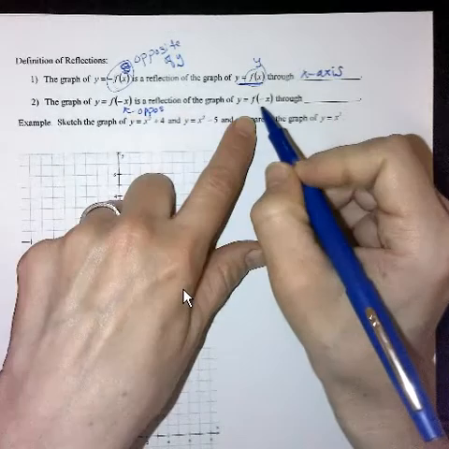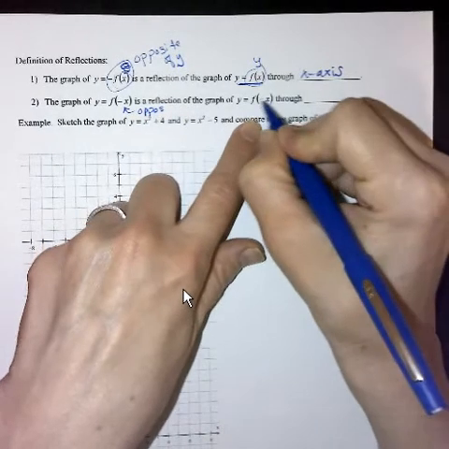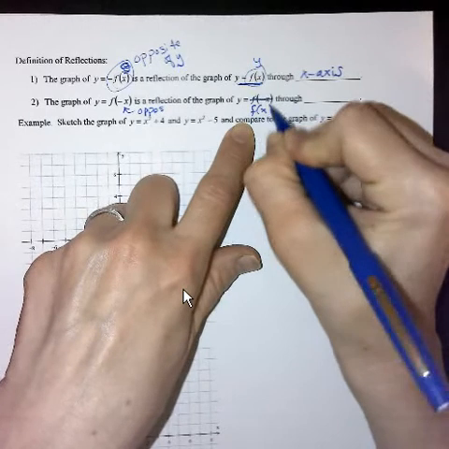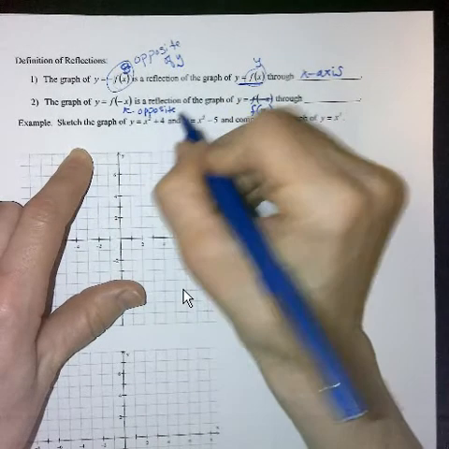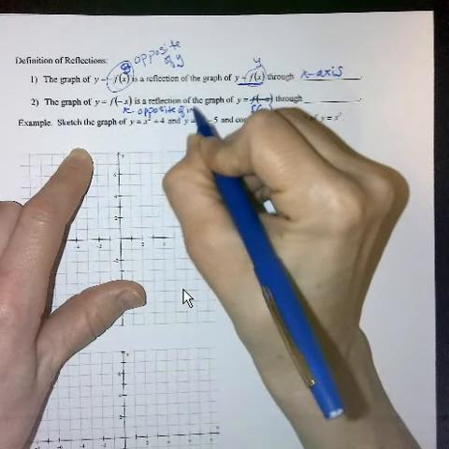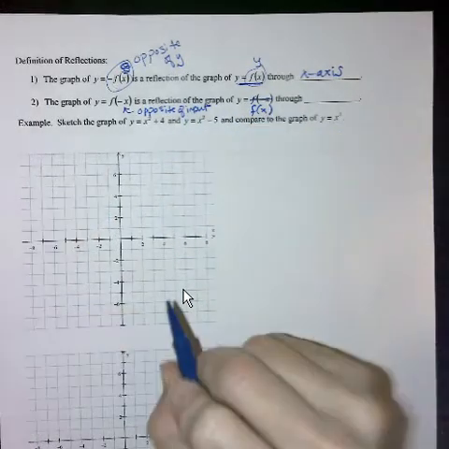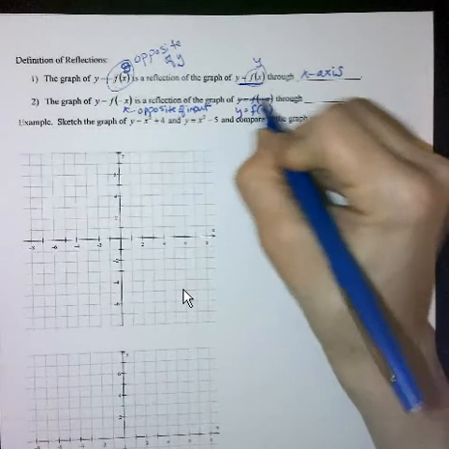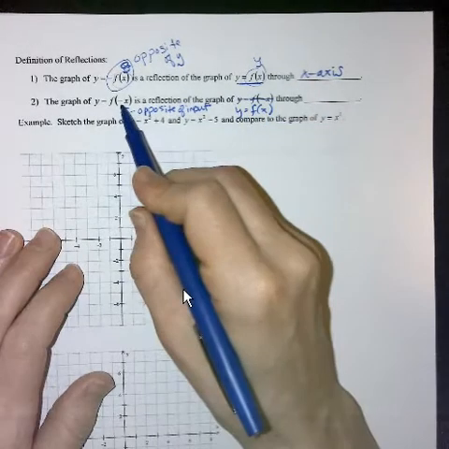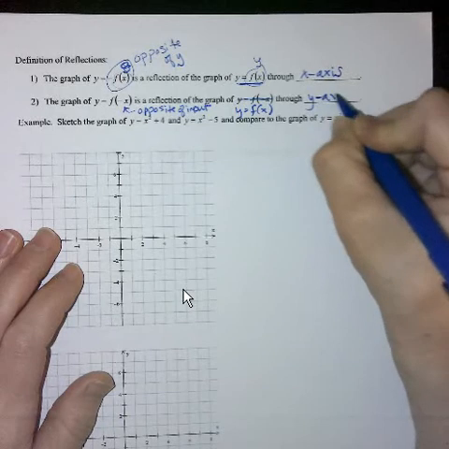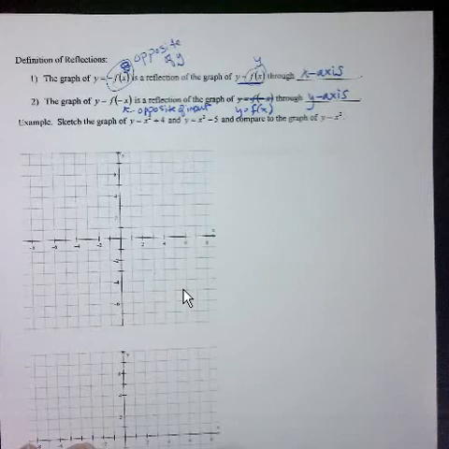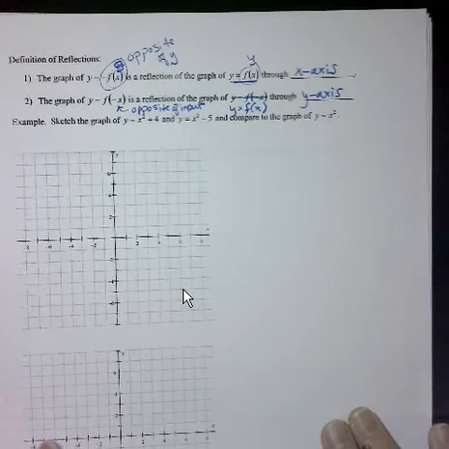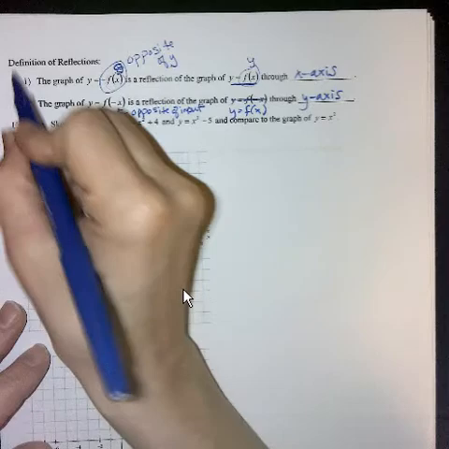This should just be f at x here. Sorry about that. So x was the input. Now you're going to change the sign of the input, so you get a reflection through the y-axis. I've got to remember to fix that typo. Okay, so that's our first set. Those are our reflections. Definition of reflections.